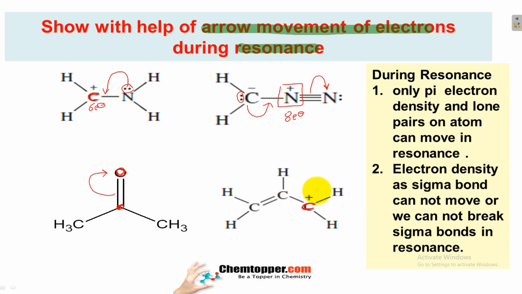It has only 6 electrons around it. So this pi bond will move onto the positively charged carbon to satisfy its octet. So that's how the electron density shifts from one atom to another for satisfying the octet or the charges.